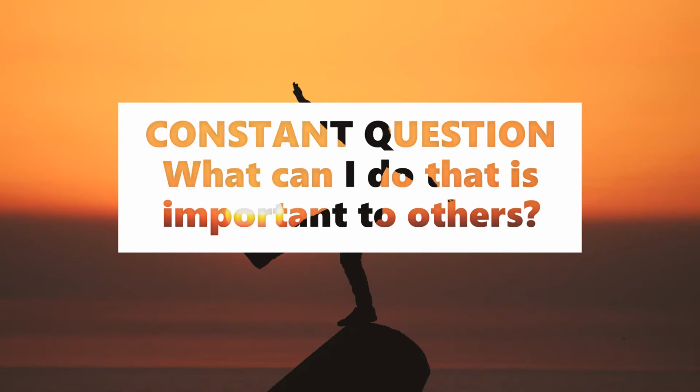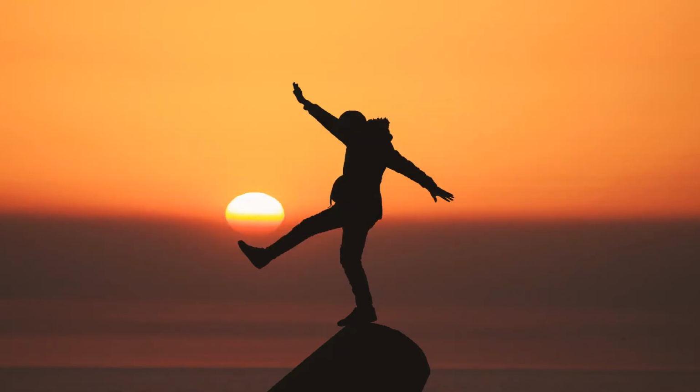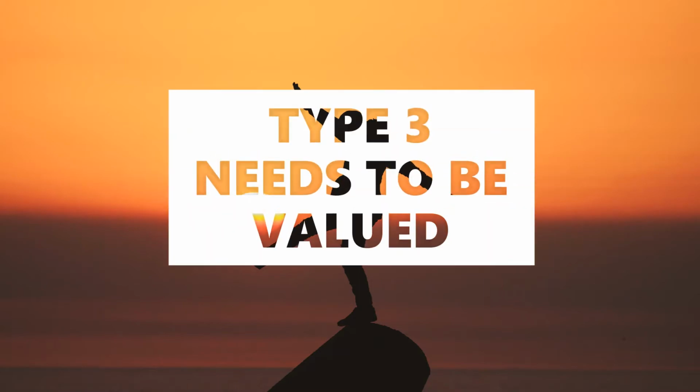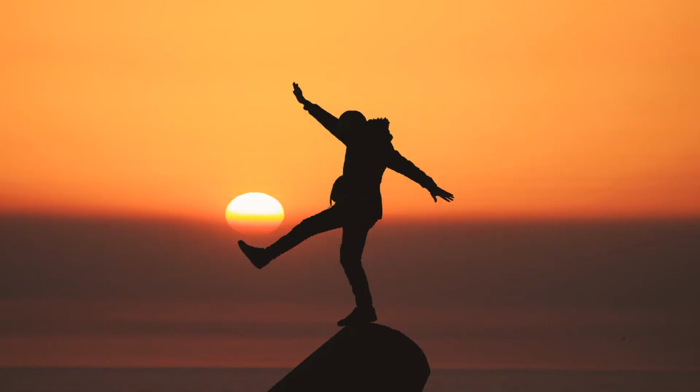Well, it's because they're desiring that recognition from others of their accomplishments and of what's impressive, because they think if they can be impressive in the eyes of others, then they truly feel valued. Type 3 needs to be valued. Constant question, what can I do that is important to others right now?